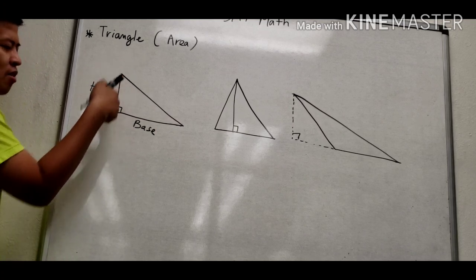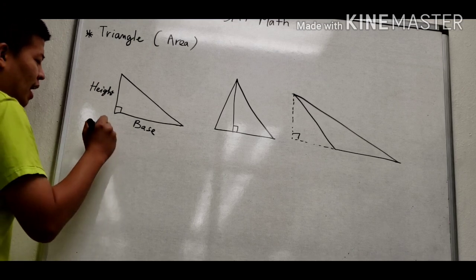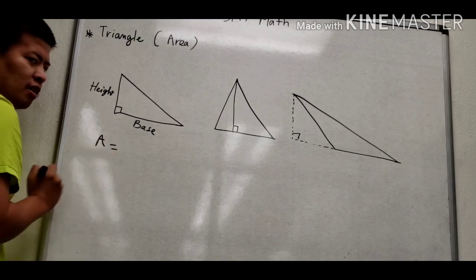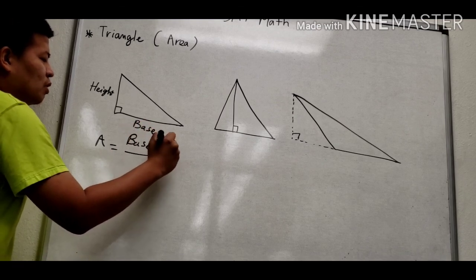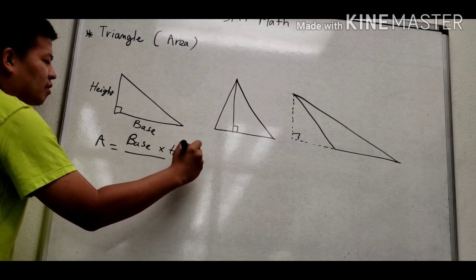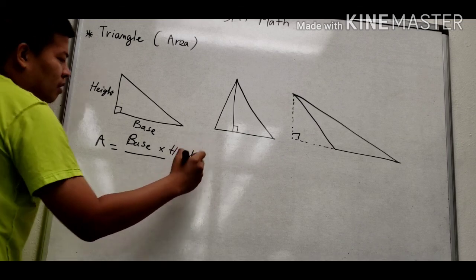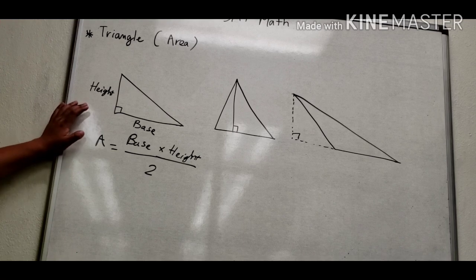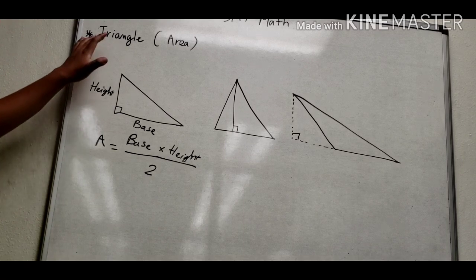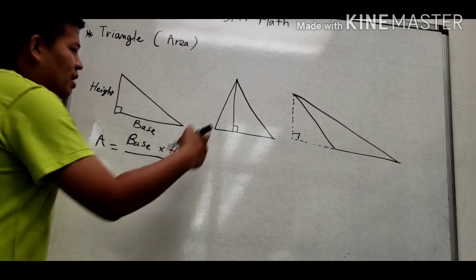This is the height of the right triangle, and the formula to find the area is the base multiplied by the height divided by 2. This is the formula to find the area of the triangle.